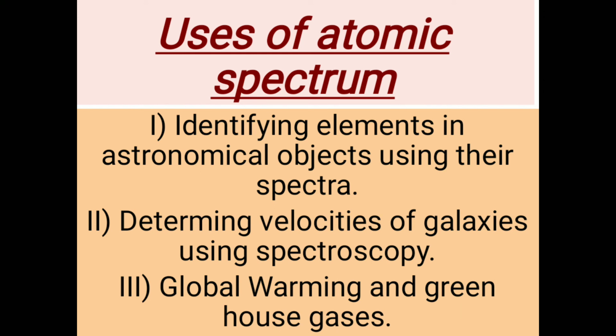For example, the light from a distant galaxy that is moving away from us at some velocity will appear redshifted. This means that the emission and absorption lines in the galaxy's spectrum will be shifted to a longer wavelength.